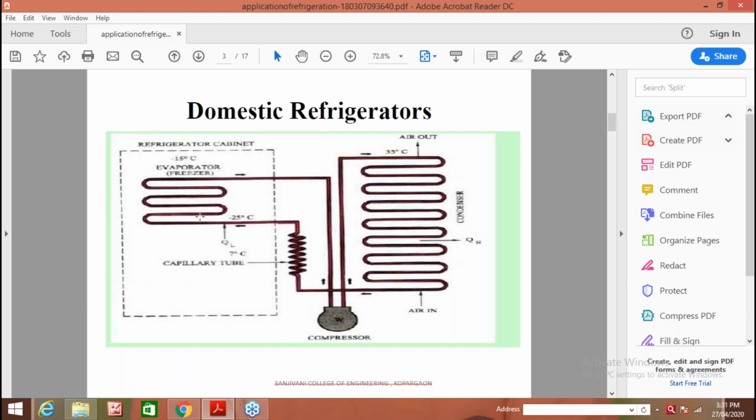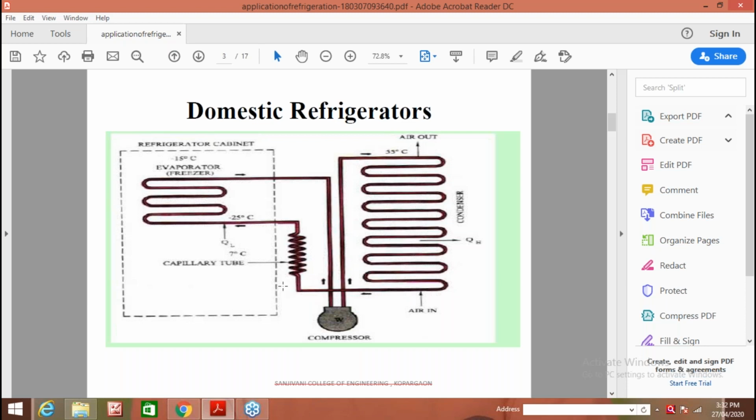The function of the evaporator is taking heat from the refrigerator space through the refrigerant and sending this refrigerant vapor to the compressor, where it is compressed, so its pressure and temperature increase. This high pressure, high temperature vapor goes to the condenser, where it condenses, rejecting heat to the atmosphere, and becomes liquid again with high pressure.